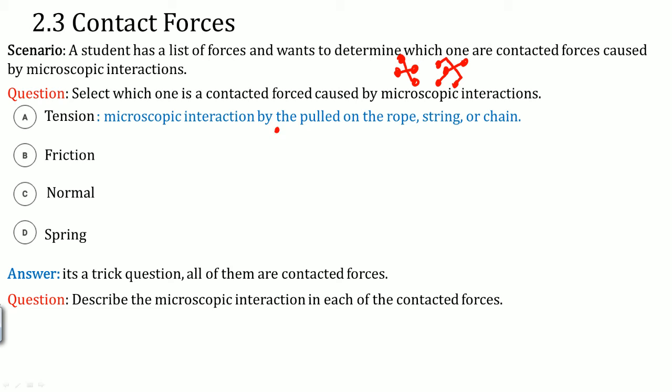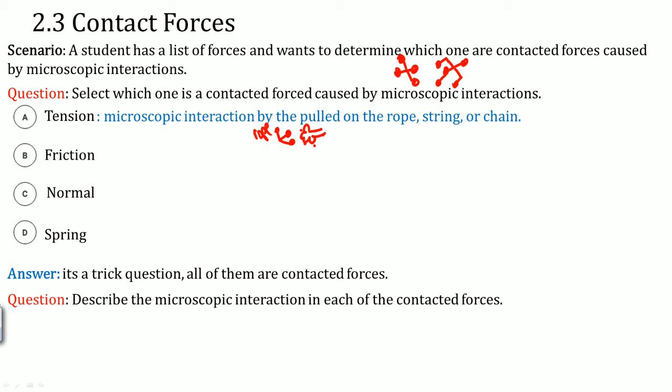So here can be the molecules of the rope, and this is the hand molecule, and that is what is being interacted. So there are molecules on your hand that are interacting with the molecules on the rope, chain, or string.